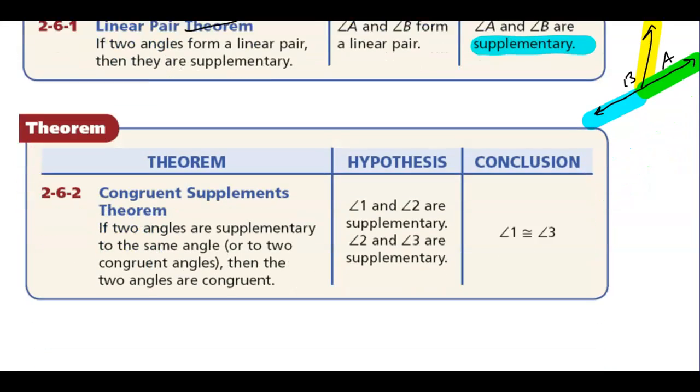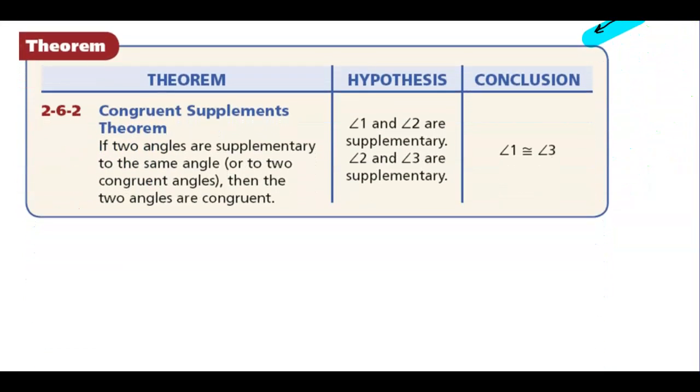The next one is the congruent supplements theorem. It says if two angles are supplementary to the same angle, then the two angles are congruent. I'm going to draw a picture here so that it makes a little more sense. If I have one angle, maybe an acute angle, and then I have a larger, obtuse angle, and I'm going to say these are supplementary, that means they add up to 180 degrees.